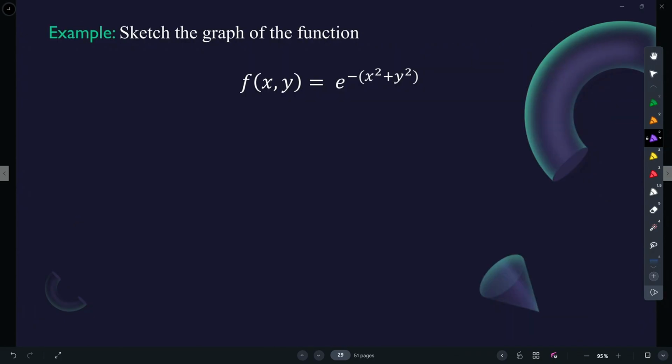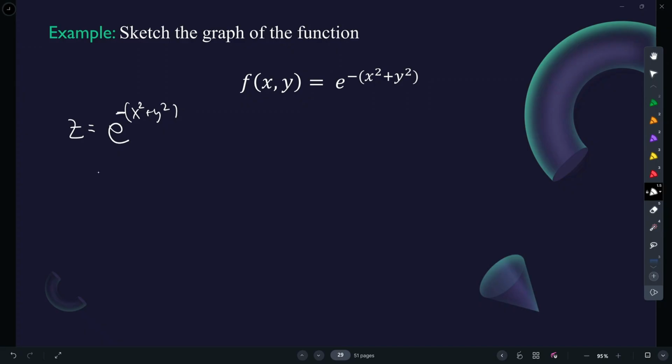Okay, so these topographical maps are level curves of whatever the surface is, which is the actual surface of the Earth. Let's try to sketch the graph of a function that is a little bit more complicated than what we've seen before. This graph is not going to be the graph of a quadric, but I start the same way: e to the minus x squared plus y squared equals z. And then I'm going to start by taking level curves. What are the level curves?